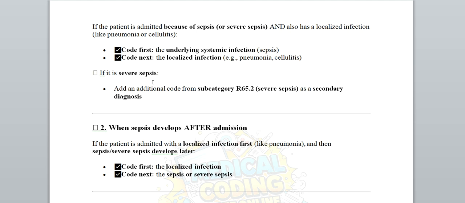If it is severe sepsis, add the additional code R65.2 severe sepsis as a secondary diagnosis. When sepsis develops after admission: if the patient is admitted with a localized infection first, like pneumonia, and sepsis or severe sepsis develops later, code first the localized infection, next code the sepsis or severe sepsis.